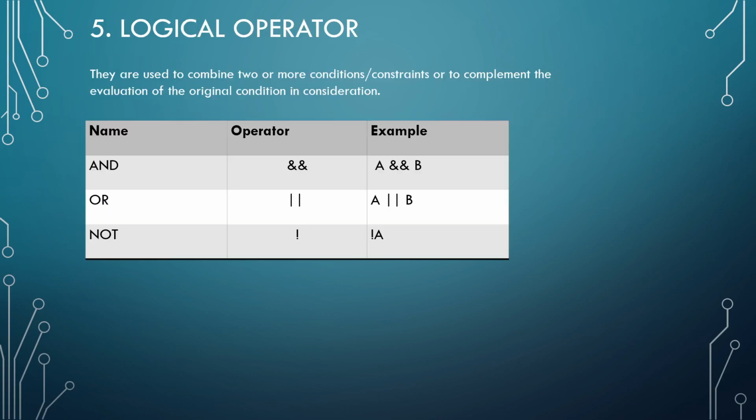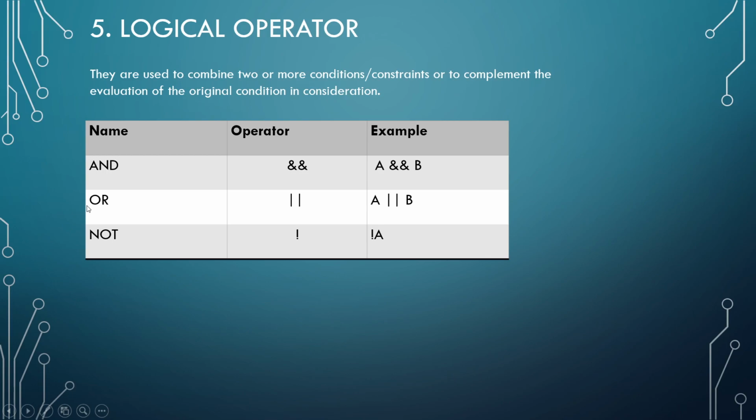Now let's check what the logical operators are. They are used to combine two or more conditions or constraints, or to complement the evaluation of the original condition in consideration. We have the following logical operators. This is the AND operator and this is the example we use in our code.